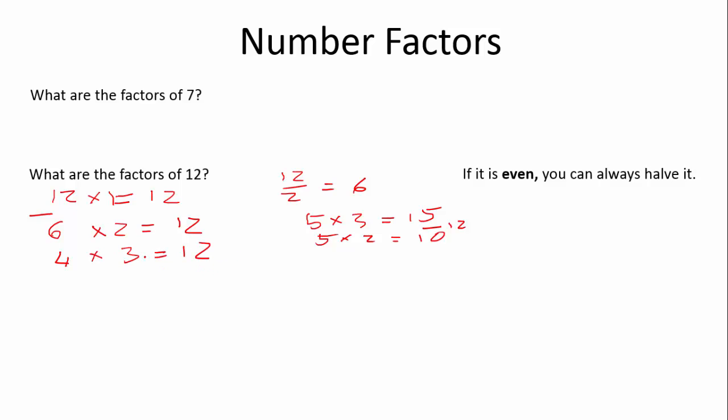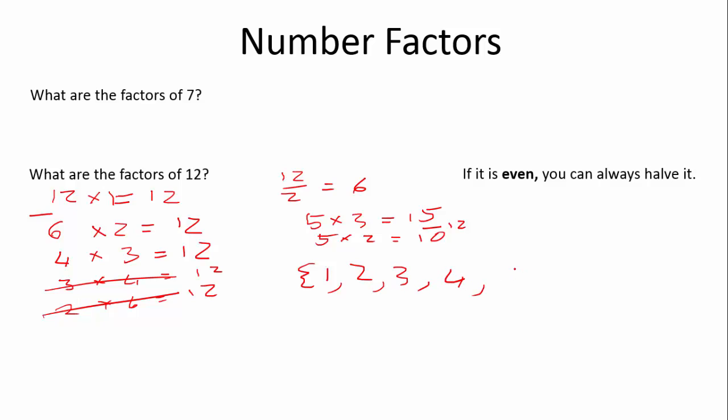If we wanted to keep going down, we could say 3 times 4 is equal to 12, and 2 times 6 is equal to 12. But we don't need to do those because we've got them already. So our factors of 12 are 1, 2, 3, 4, 6, and 12.